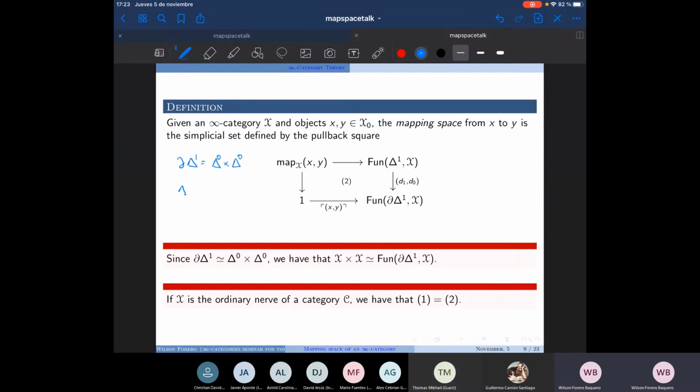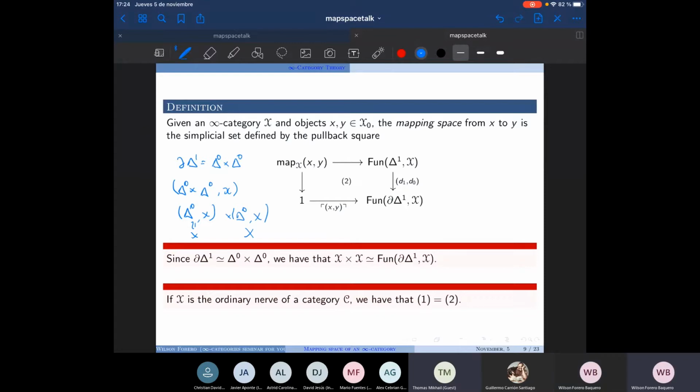But when you have this one, it's the same as this, but this is isomorphic to X. What I mean is instead of the product, you have the coproduct. So it's a disjoint union of Delta 0 with itself. Yes, but when you apply the functor category, that disjoint union goes to a product.